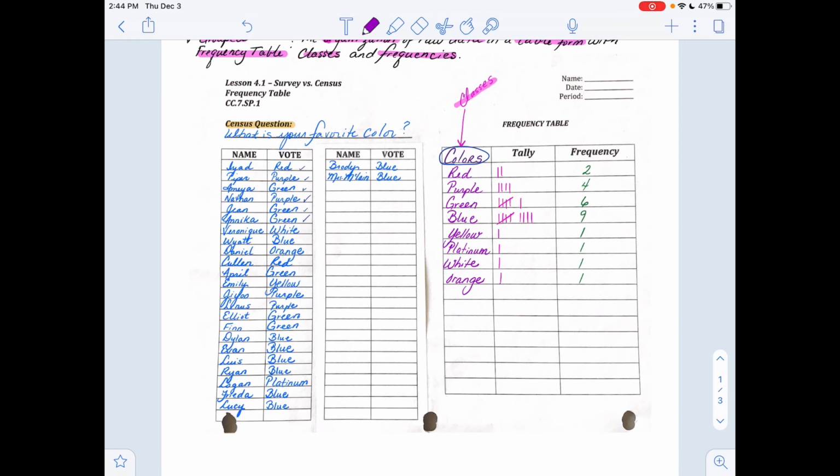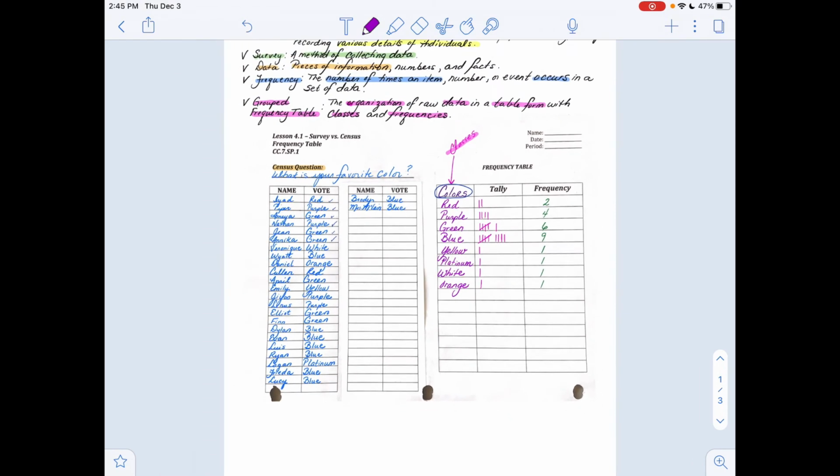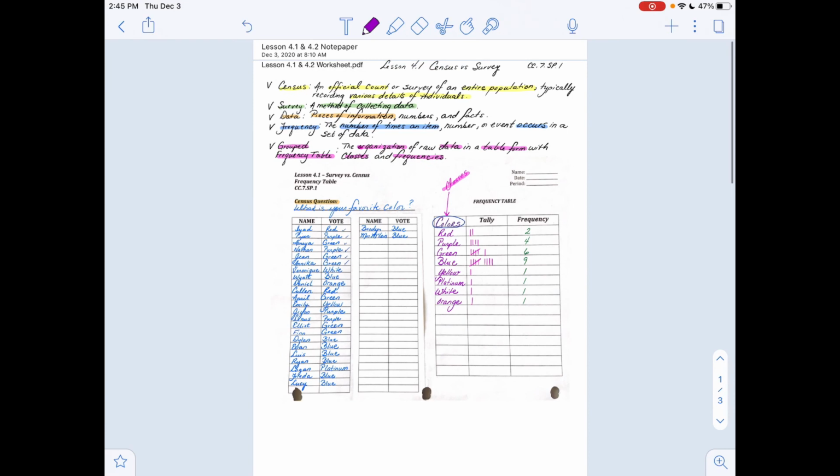Otherwise, it's just a simple random sample. It's a sampling of people. A sampling of people is not including everyone. I just go and ask a few. But for a census, I need to get every person involved. So that is what we're going to be working on, our census and our histogram in class.